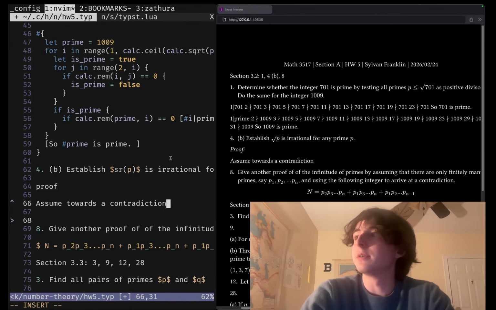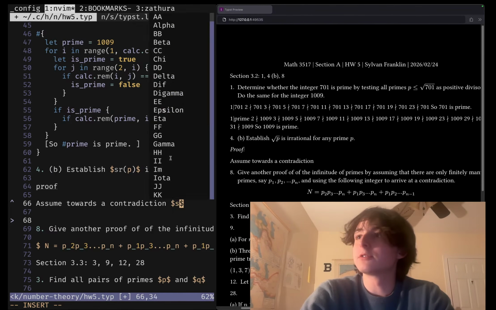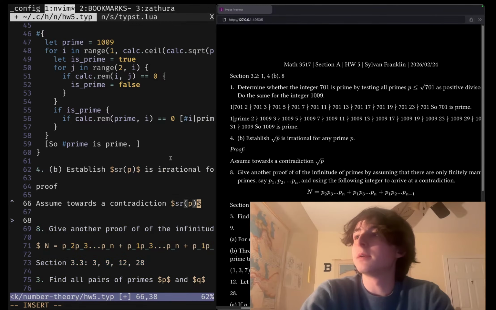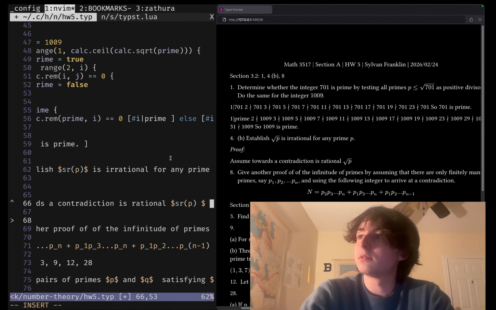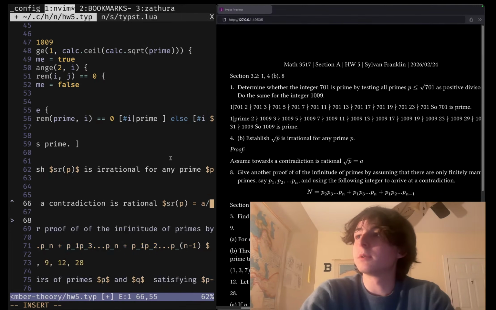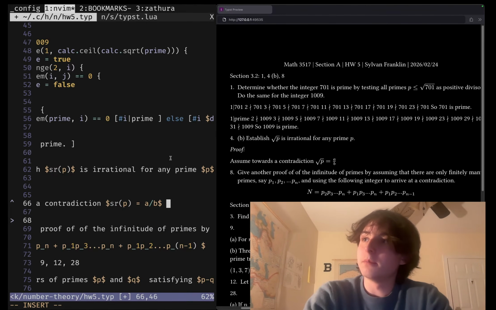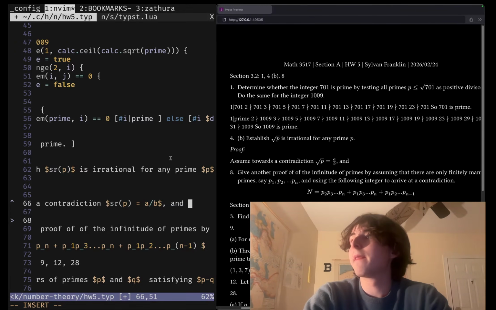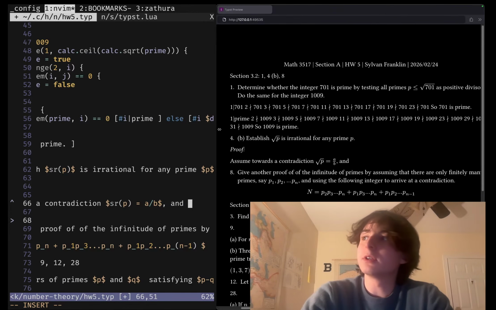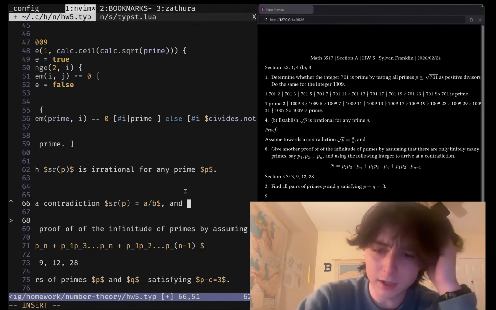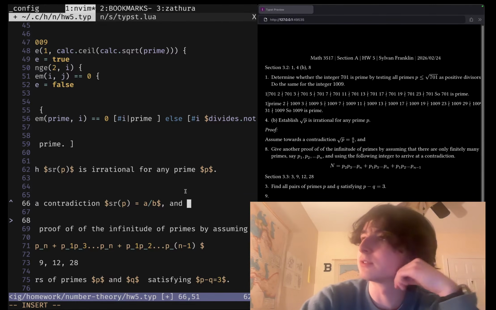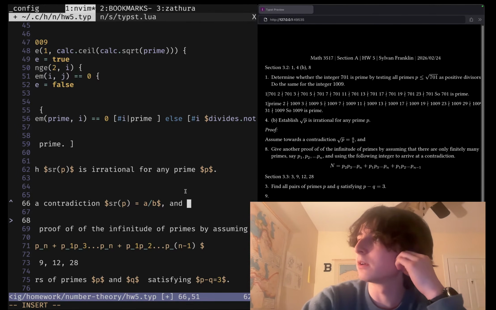Assume, for contradiction, that square root p is rational, equals a over b. The way you get a contradiction here is you say it's a over b in lowest form, most reduced.